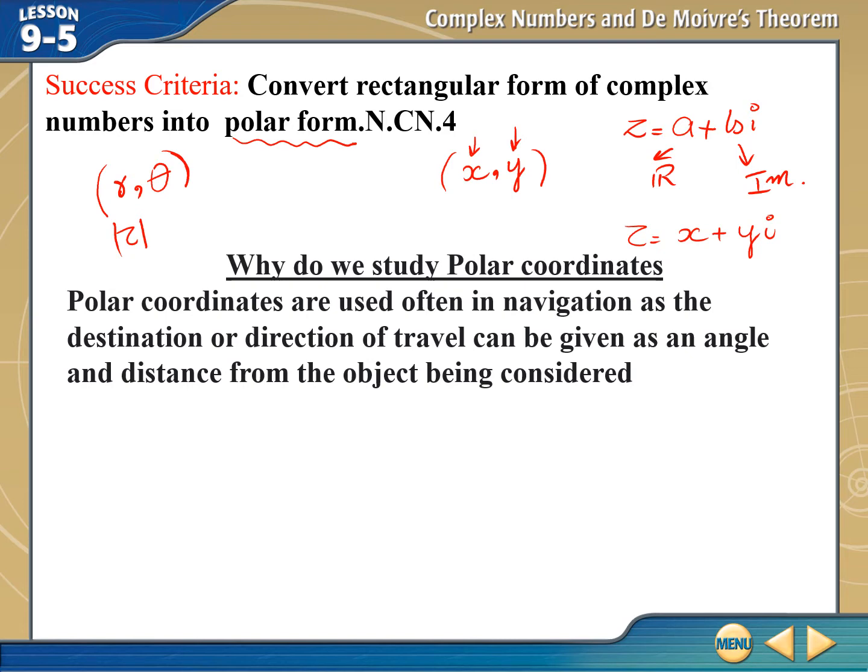And theta is the argument, which is used to navigate the object. We have to see whether the object is moving clockwise or anti-clockwise. That's why we use theta, and theta is said to be the argument. Later on we will focus on what the argument is.